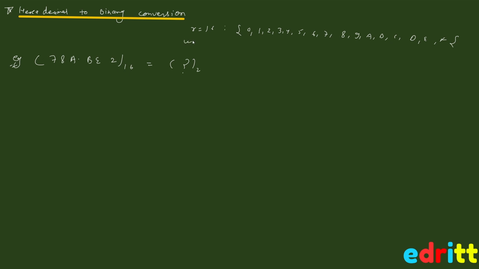So use 4 bits. Why do I need 4 bits? Because I need at least a 4-bit binary to represent a single hexadecimal digit. How? Just see over here.